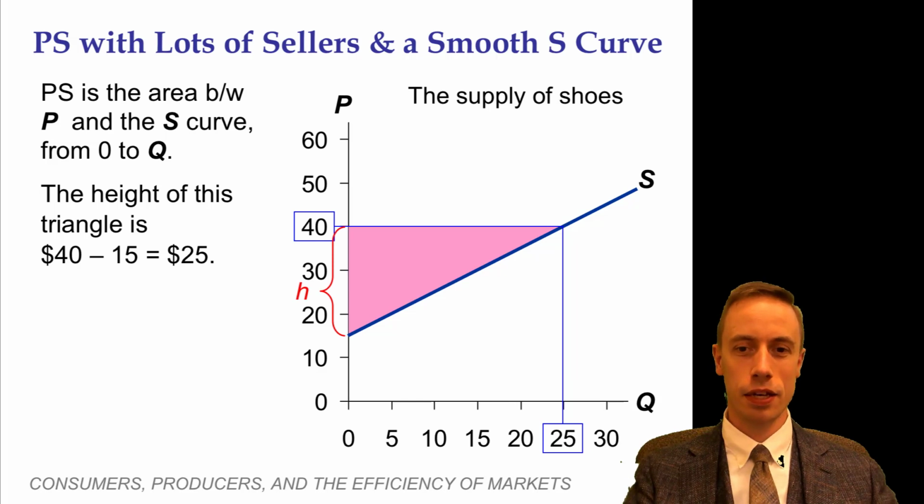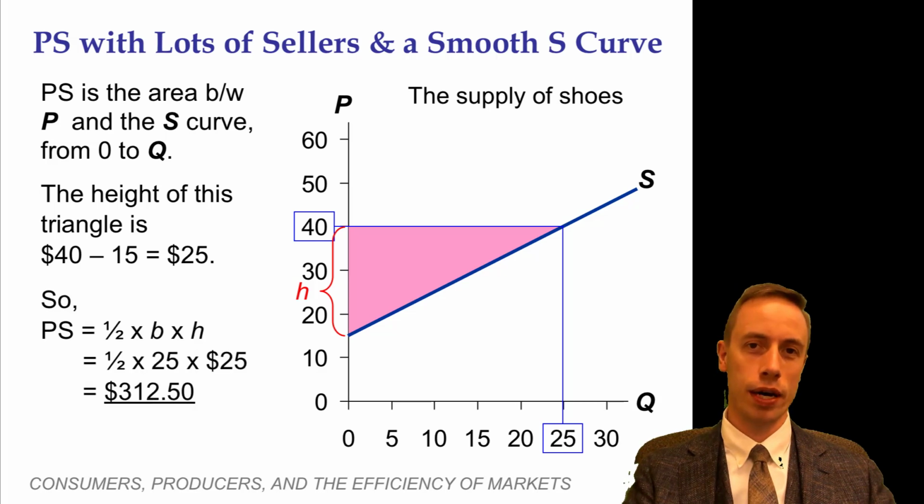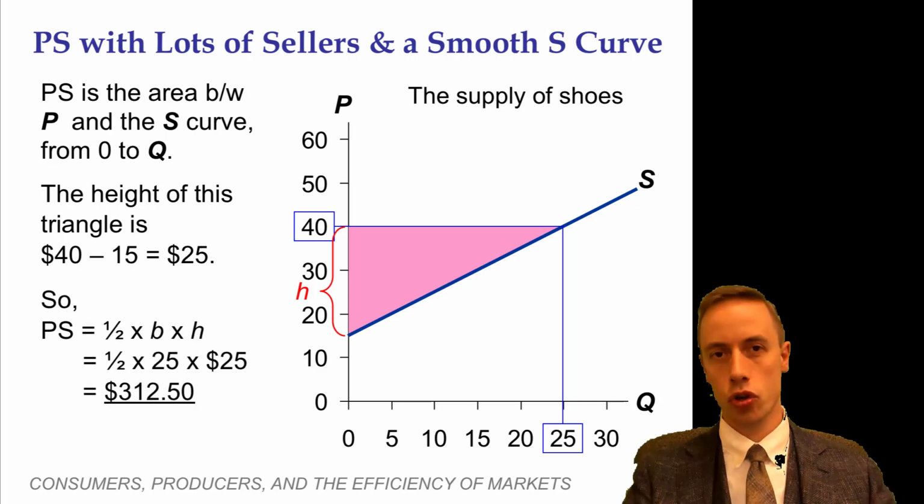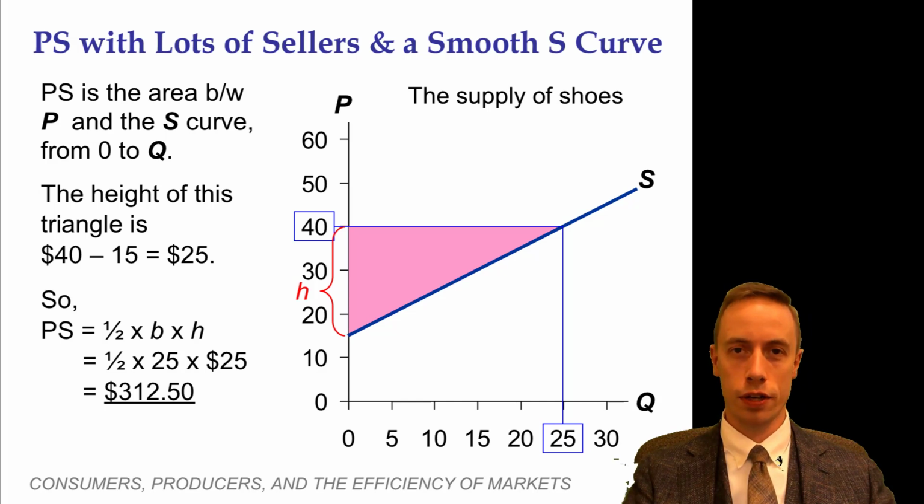Its height is the difference between the price and the lowest point of the supply curve, which in this example is $15. So the height of that triangle is $25. Its width is 25 shoes. 25 times 25 divided by 2, since it's a triangle. We would say that producer surplus is $312.50 in this example.